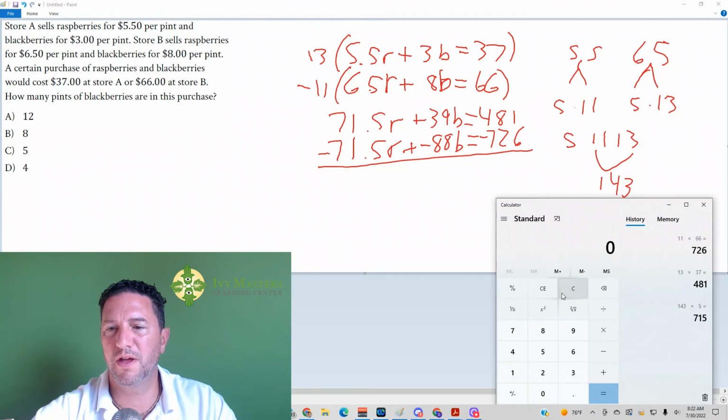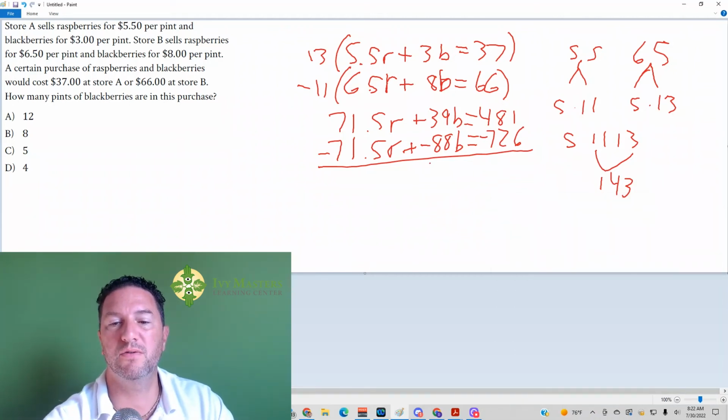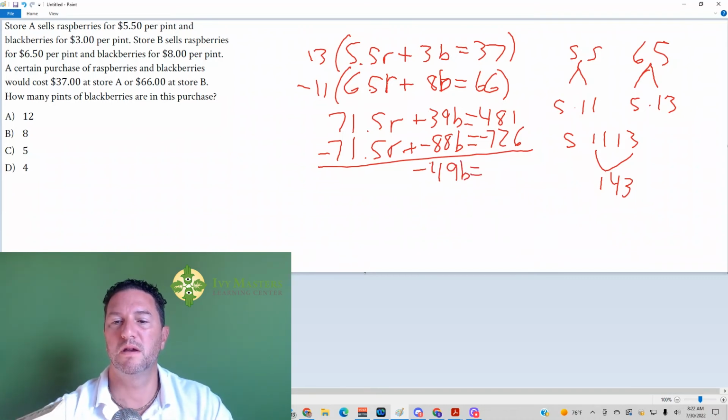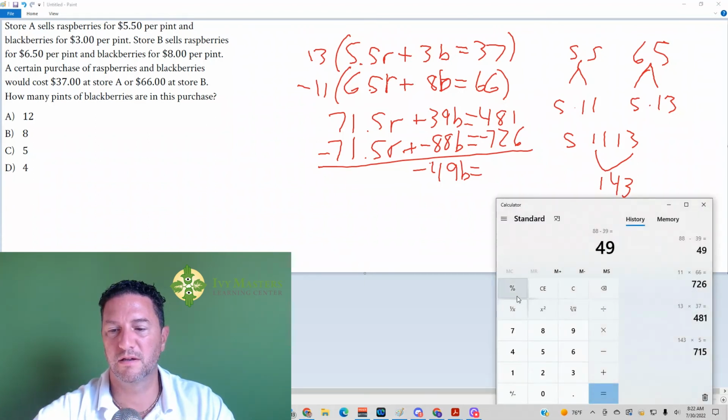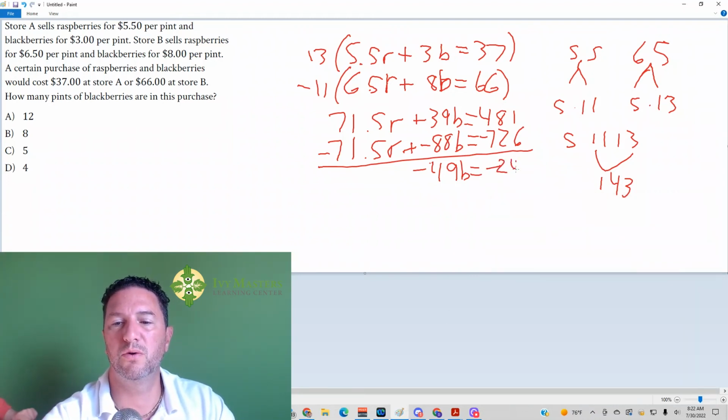And now when I add it down, I'm just going to use a calculator for this as well. We have 88 minus 39, and we wind up with 49. It's a negative 49b equals, and then if we do 726 and we subtract 481, we get 245, so that's going to be a negative 245.